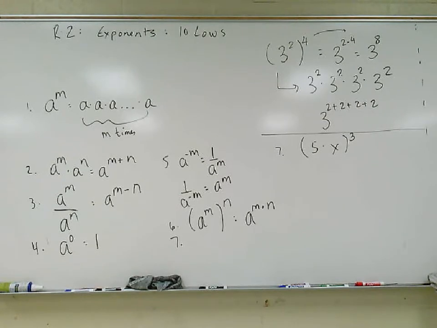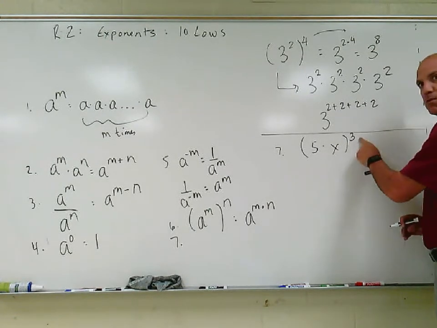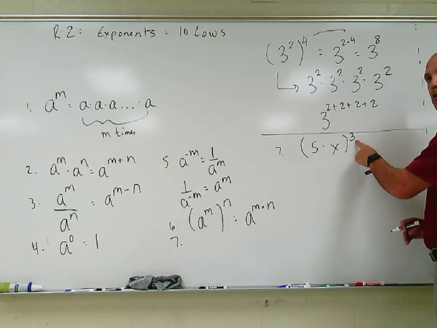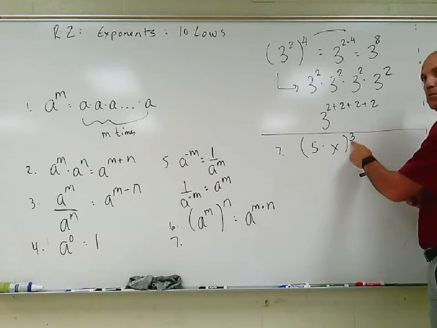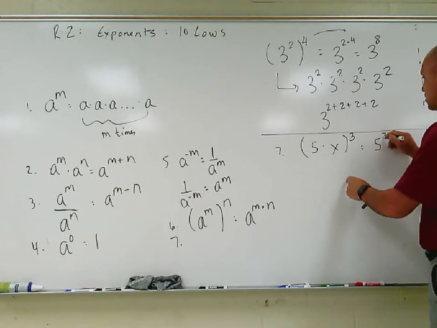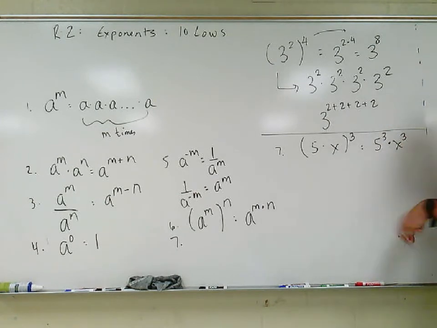It means to do what? 5x multiplied by itself 3 times, but there's a rule. I can do something with this power. Where can this power go? I want to see if you know the rule. It goes to the 5 and to the x, very good, it's kind of like distributing. So you get 5 cubed times x cubed, and that's exactly right, that's the rule.